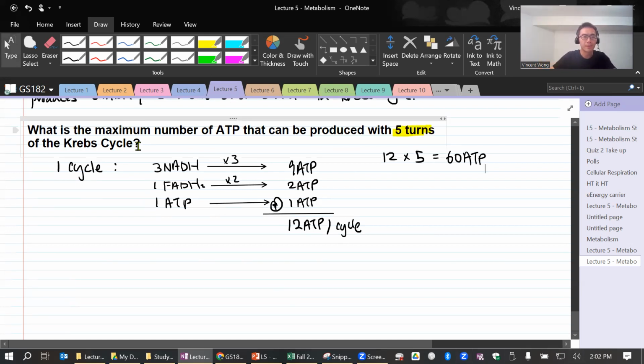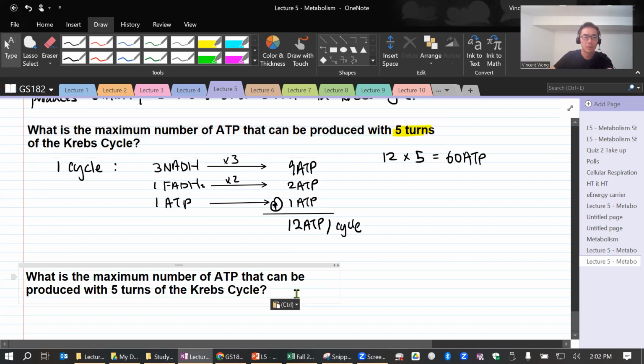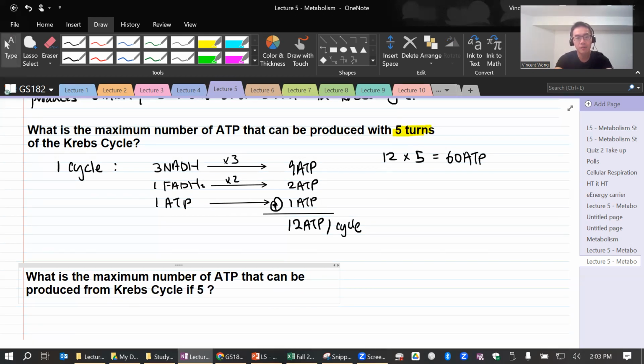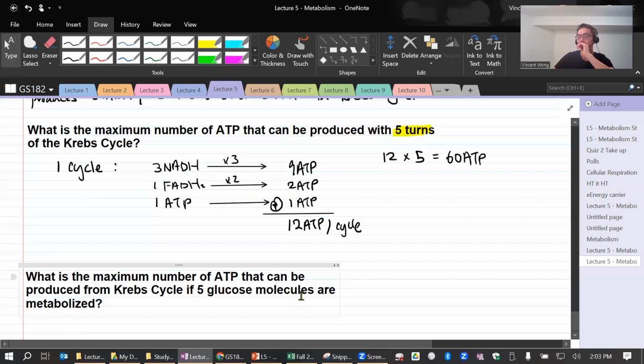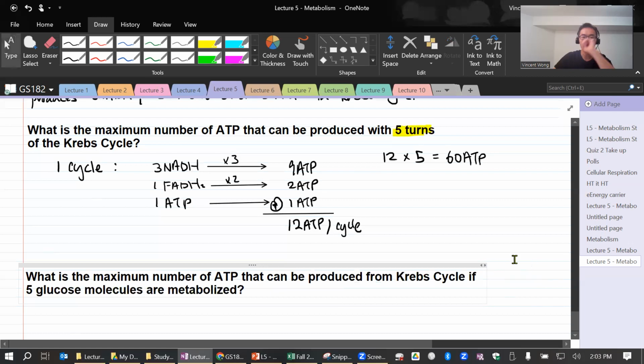All right. Let's put a twist to this. What is the maximum number of ATP that can be produced from Krebs cycle if 5 glucose molecules are metabolized? Okay, give that a try. Don't worry about copying the question now.